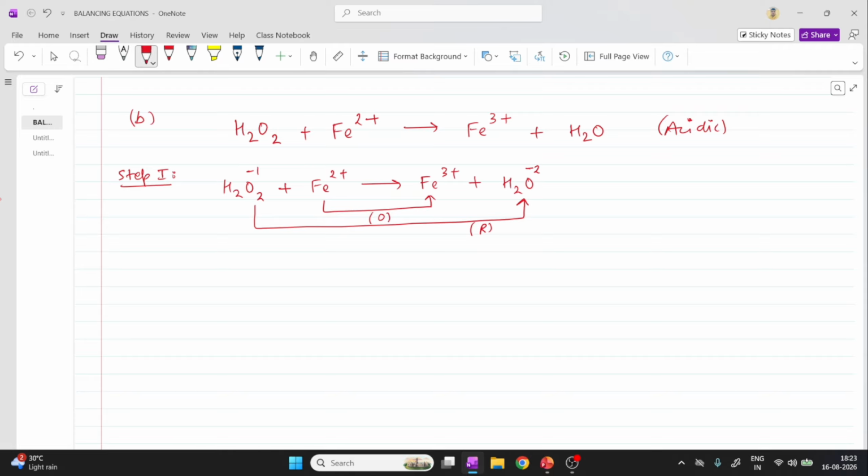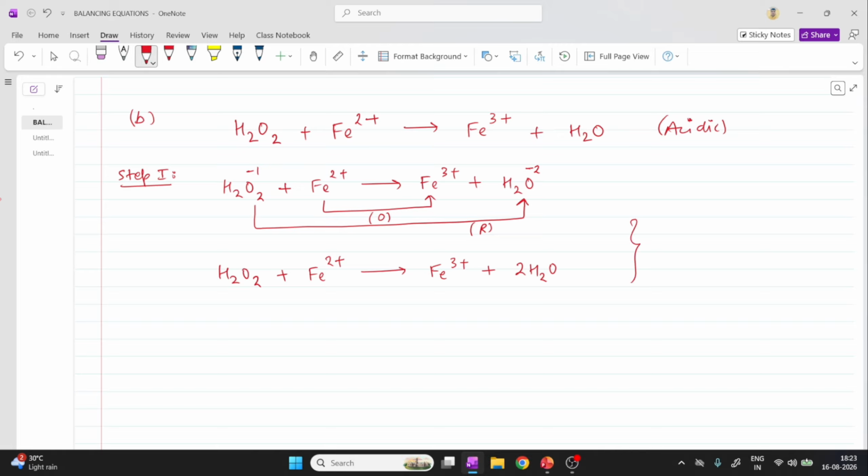So first, balance these two, hydrogen and oxygen. So I can write this equation as H2O2 plus Fe2+, this gives Fe3+ and 2H2O. Why 2H2O? Because oxygen should be equal.